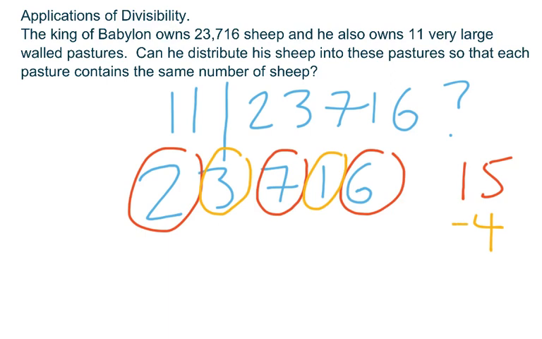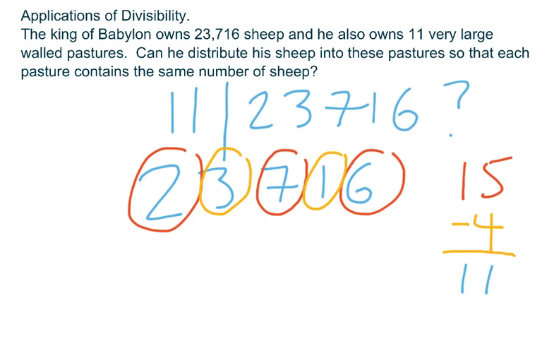In this case, we get 11. Convenient. The property says that if the number you get from this subtraction is itself divisible by 11, then the original number was divisible by 11.